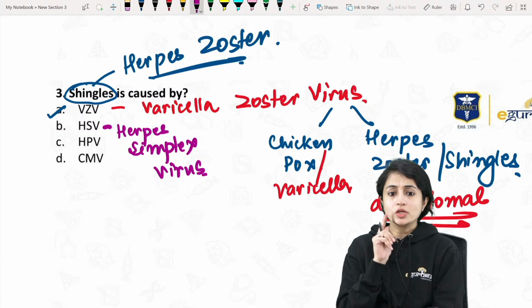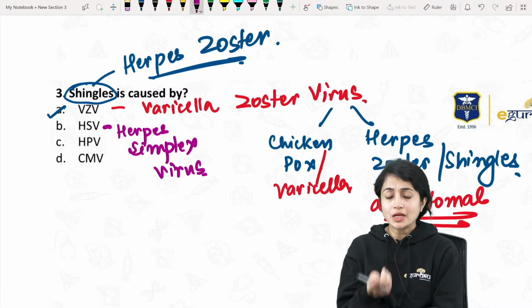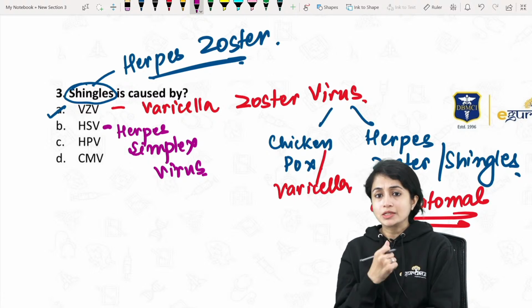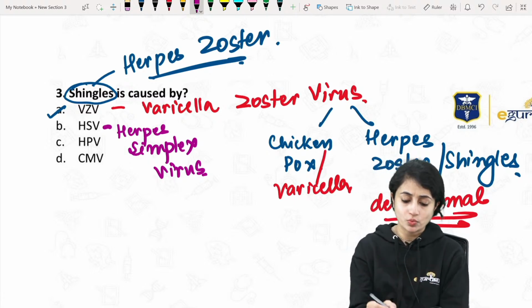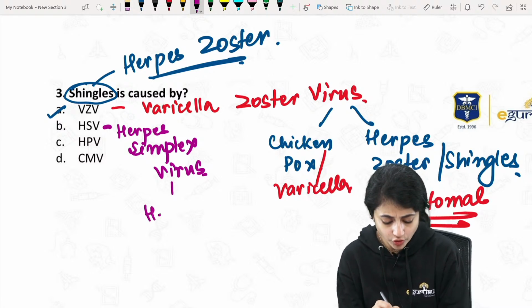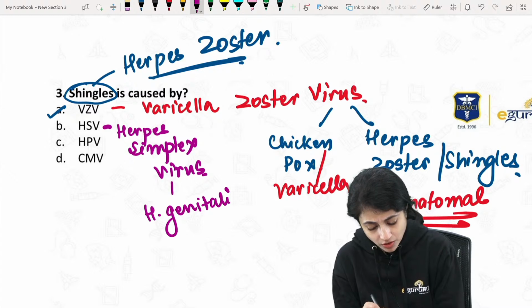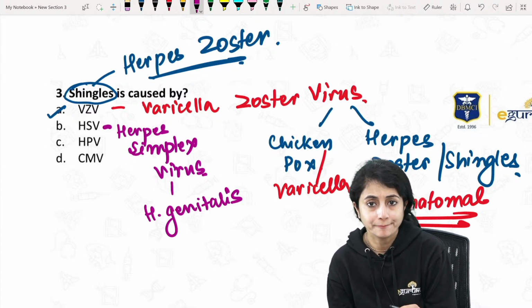HSV causes herpes labialis, herpes genitalis, herpes gladiatorum, all these kinds of herpes. They are all caused by HSV. So for your purpose, the herpes genitalis that you commonly read about is caused by HSV.